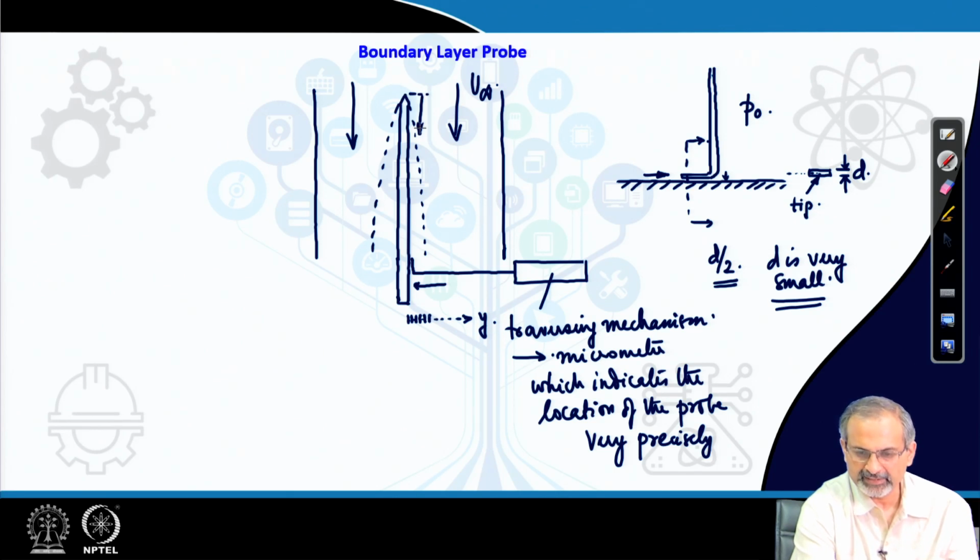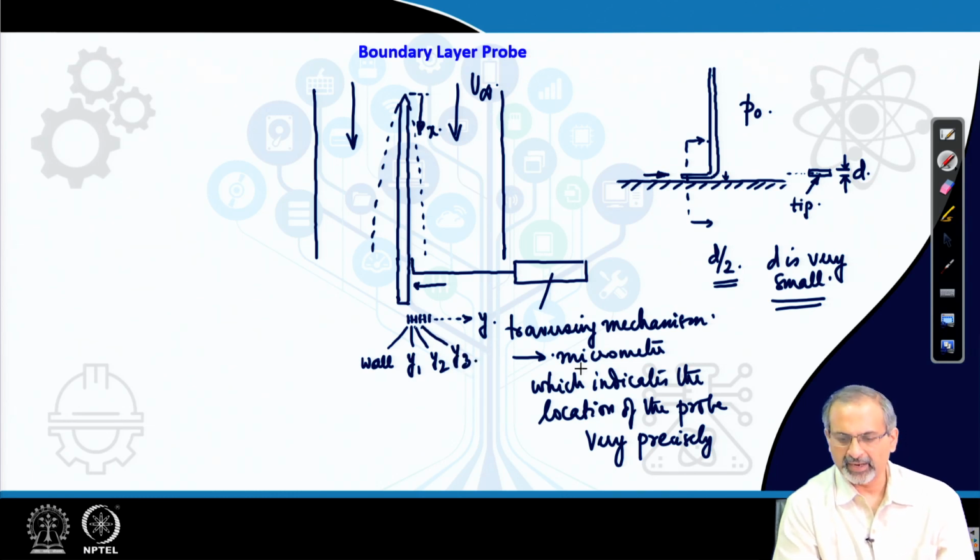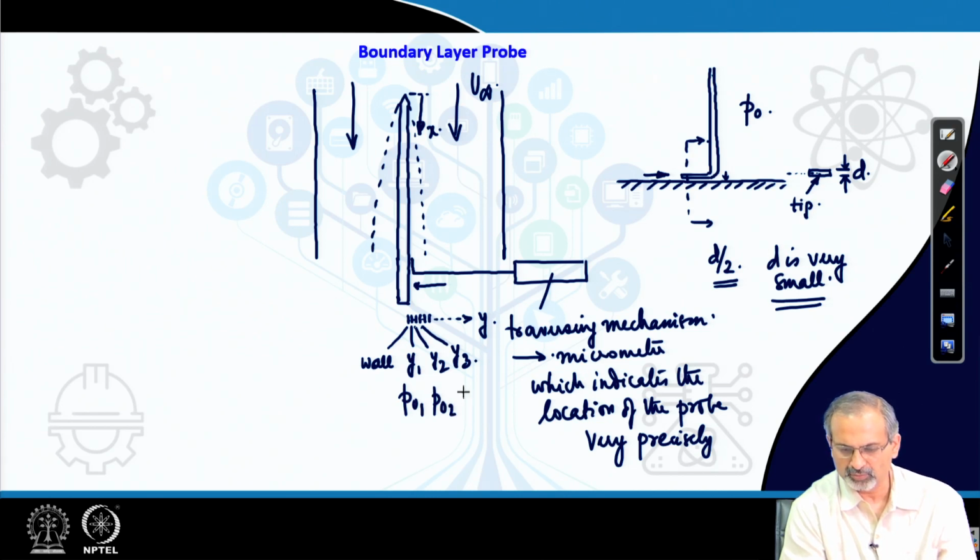So, let us say this is the x direction and the wall normal direction is the y. So, you have it right at the wall, then you have it at station y 1, y 2, y 3, etc. That way you keep moving it away and you record the P naught at 1, P naught at 2, P naught at 3, etc.